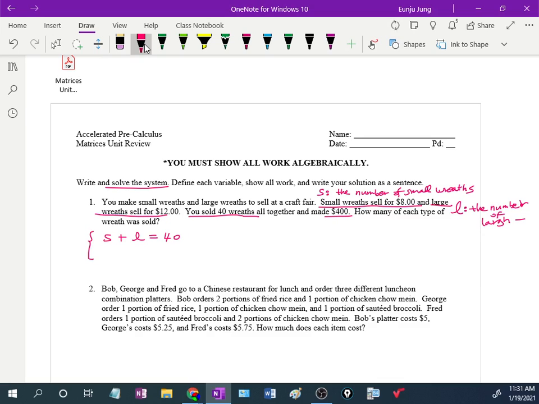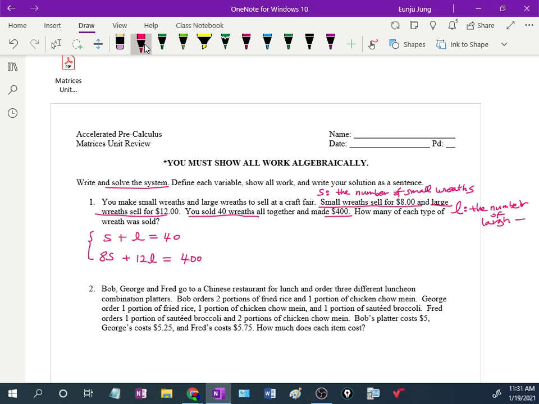The price for small is $8, so 8S is the total from small wreaths. And then $12 times L, the number and price multiplied, is the revenue you get. All together makes $400. That is the system of equations.